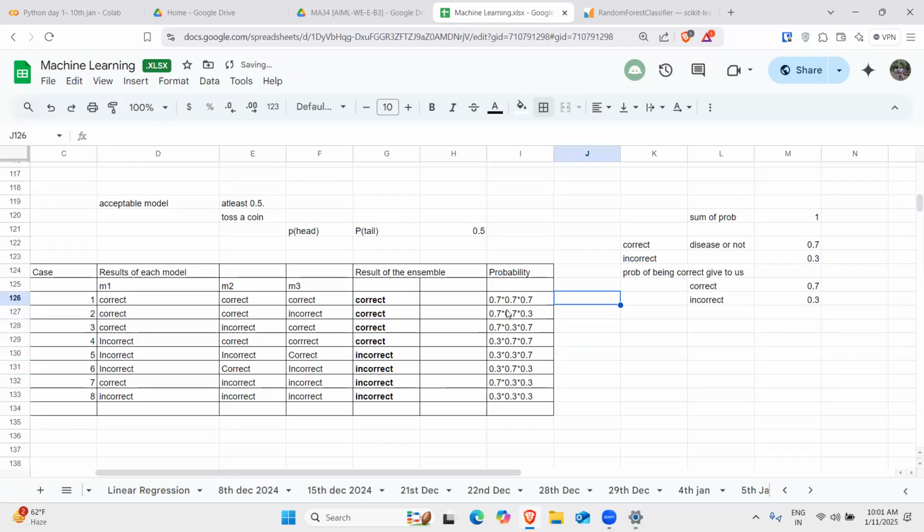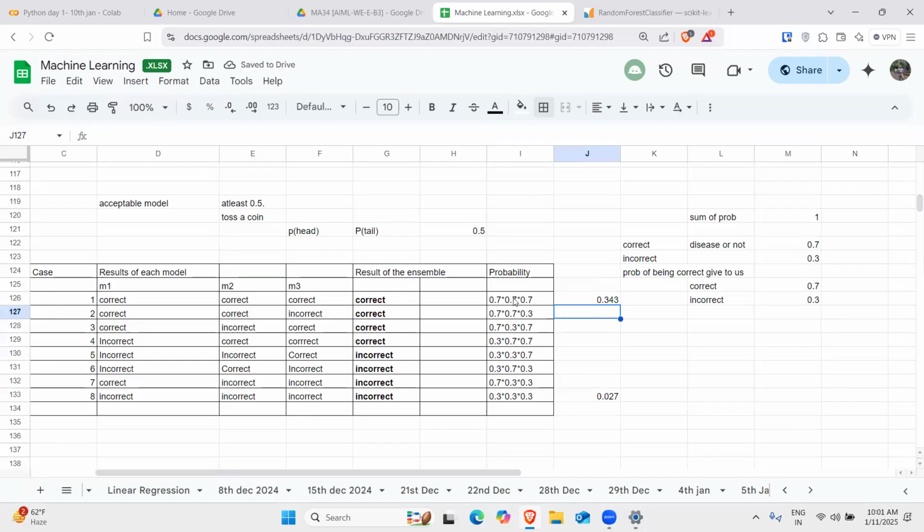So let us write down the values for that. You do this, it will be 0.7 times 0.7 times 0.7, 0.343. This is 0.3 times 0.3 times 0.3 will be this.